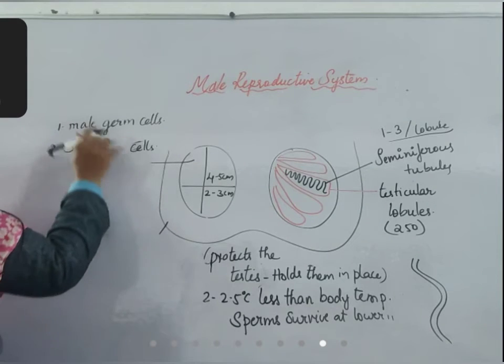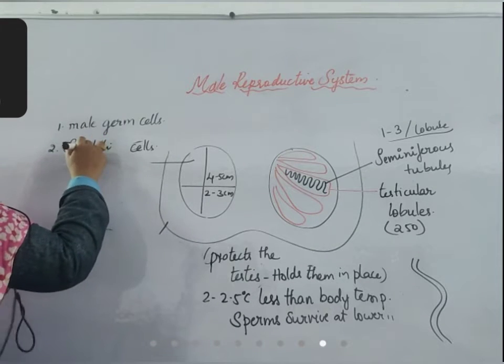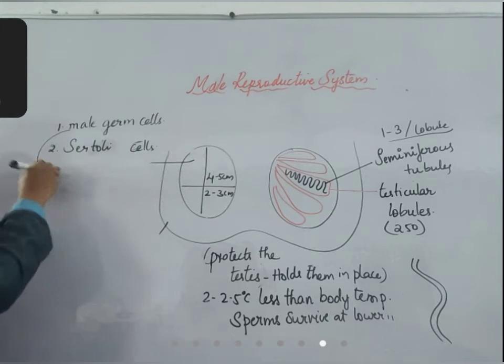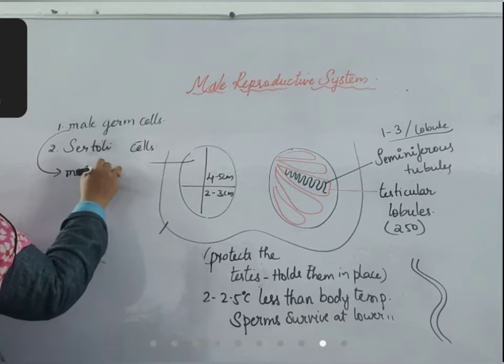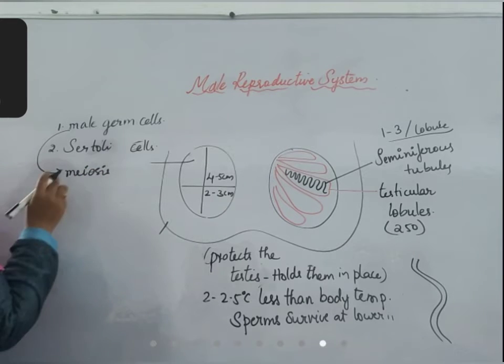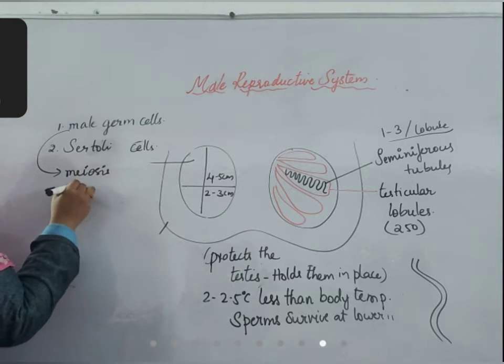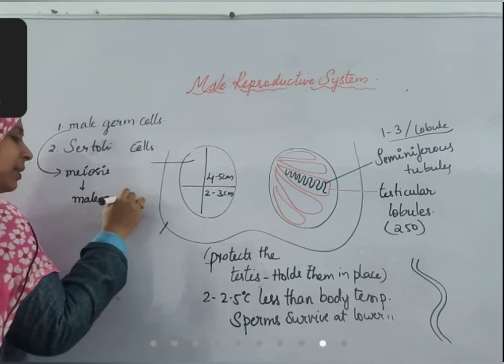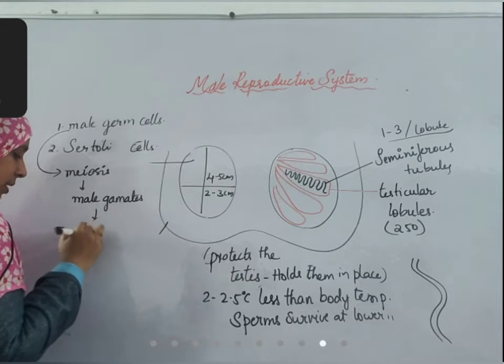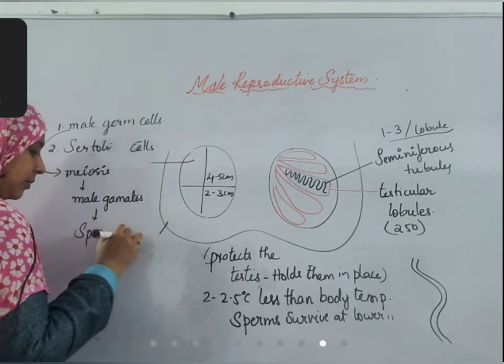Male germ cells undergo meiosis and produce male gametes. We already discussed what meiosis is. What are male gametes? Sperm cells.